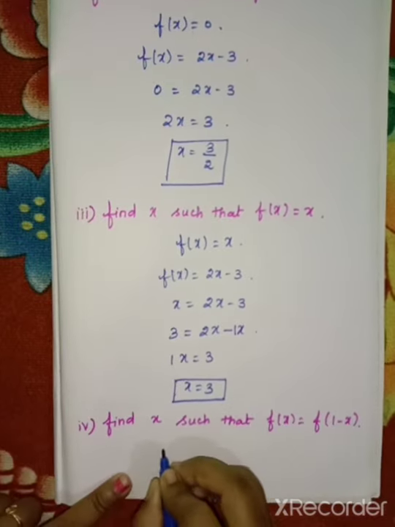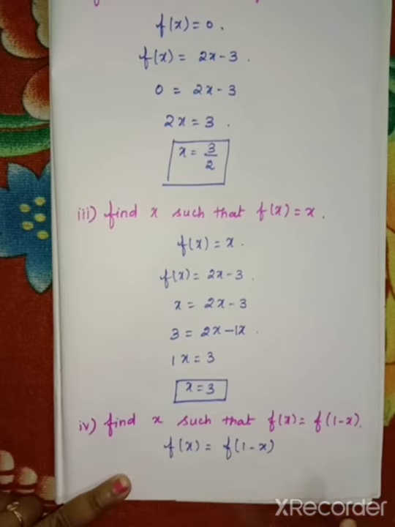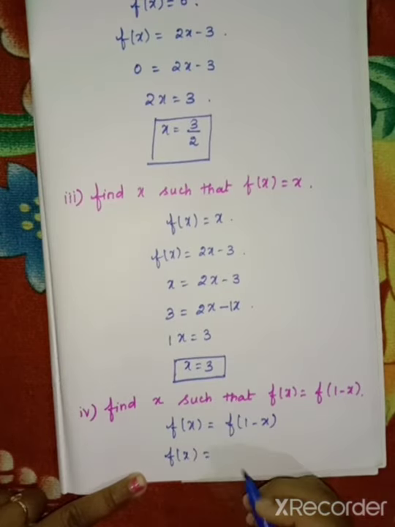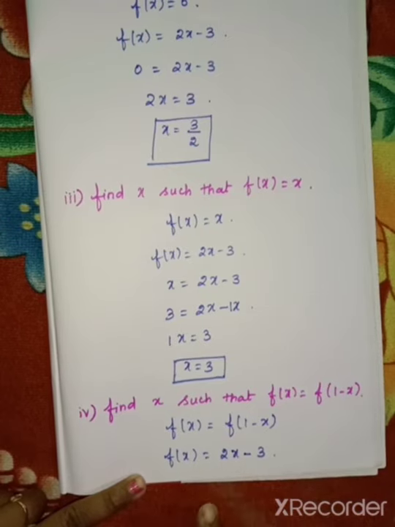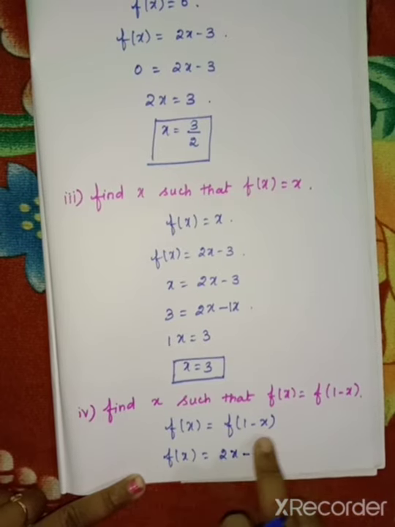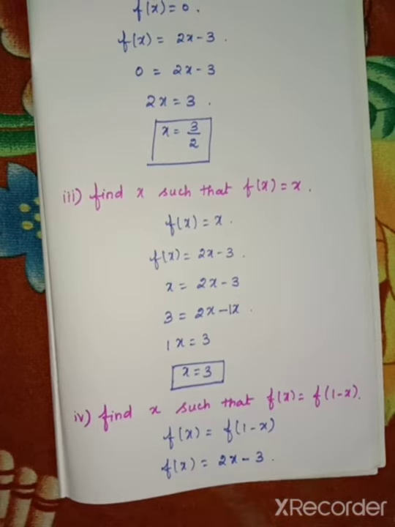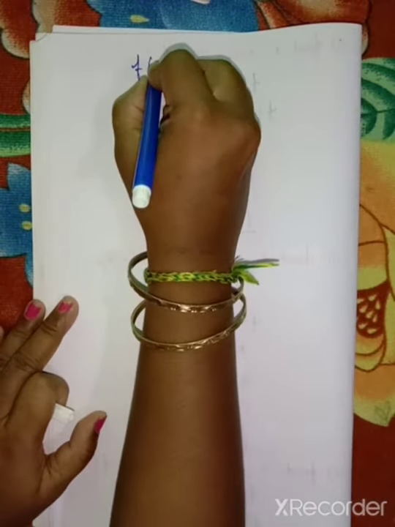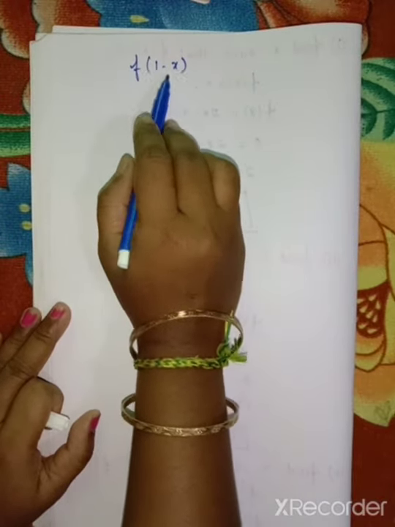F of x, already they have given, equal to 2x minus 3. Then we want to find f of 1 minus x. So in place of x you have to substitute 1 minus x.